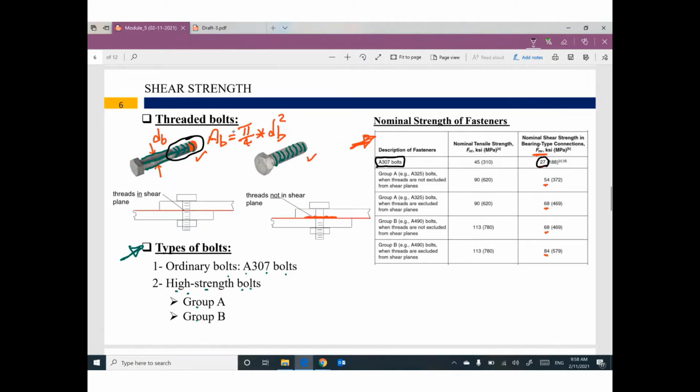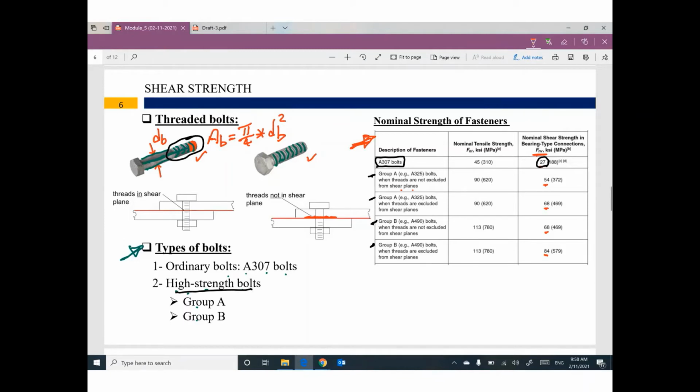The second type, high strength bolt, has group A and group B. Group A is divided into when threads are not excluded from the shear plane, or when threads are excluded from the shear plane.